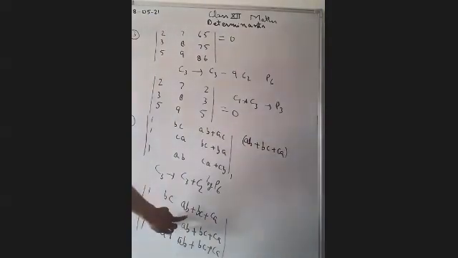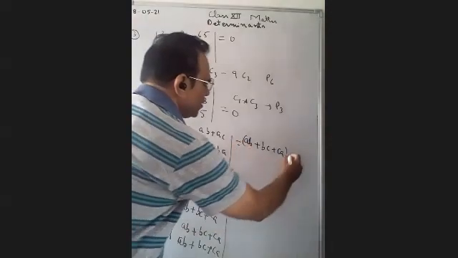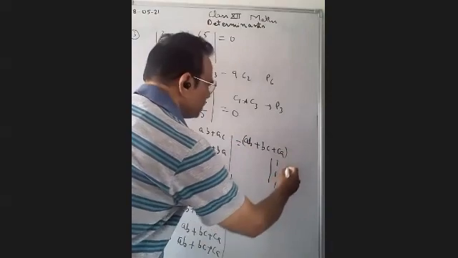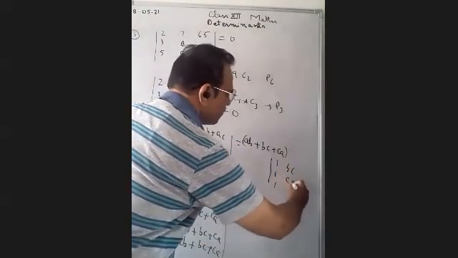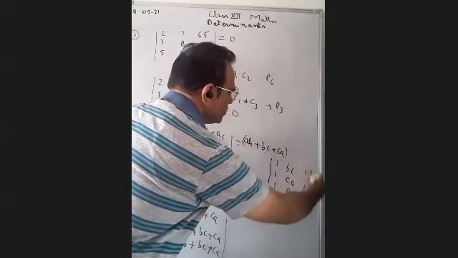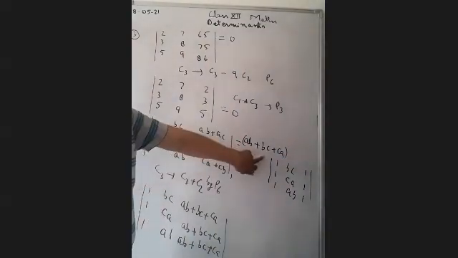In the third column, what will we get? We will get 1, 1, 1. We can take lambda times, we have done the k times.